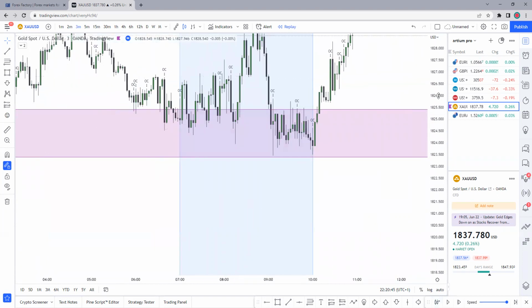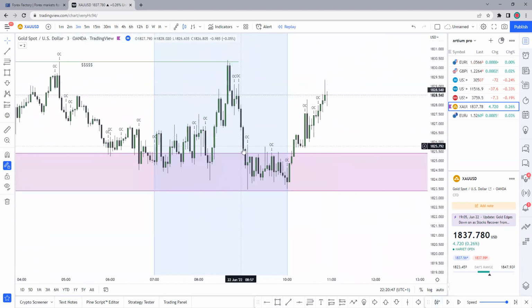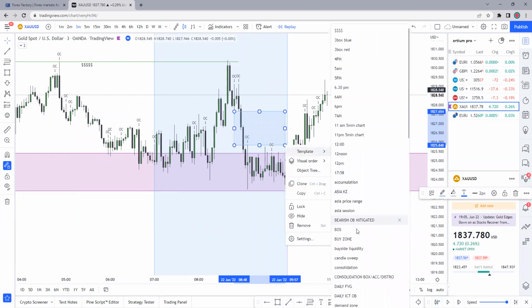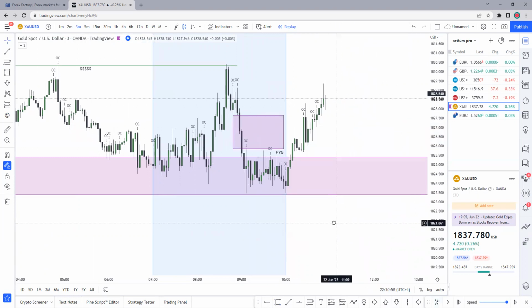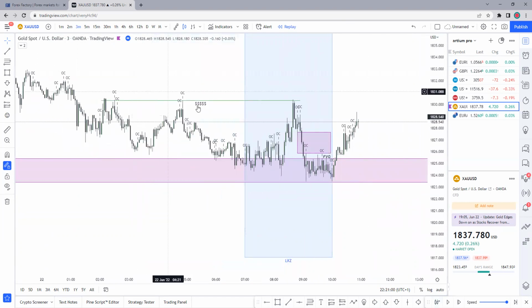Okay. We've got reason for it to trade higher as well because we've got fair value gaps up here. And then we've also got the equal highs in this area where the money is.